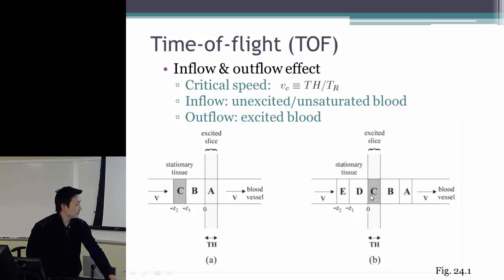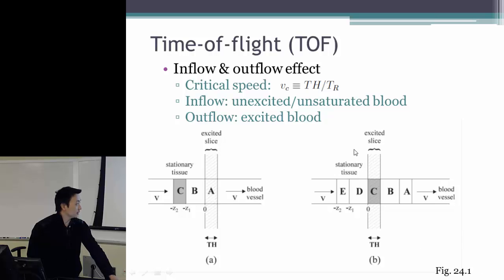So then after a while, the blood that has come to this specific location is the blood that was outside of this excitation band. So that means the blood at this moment has not seen an RF pulse, so it is not excited.